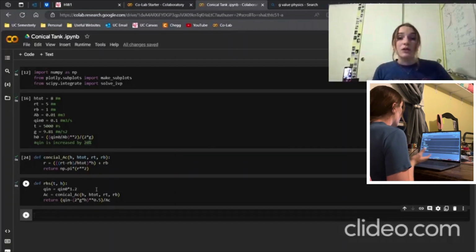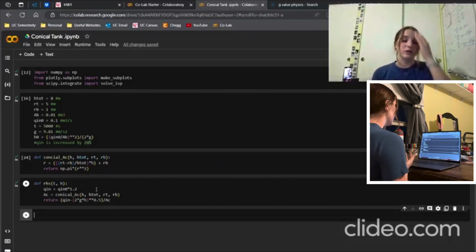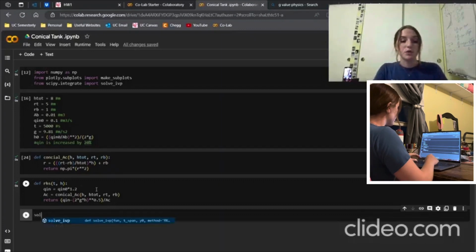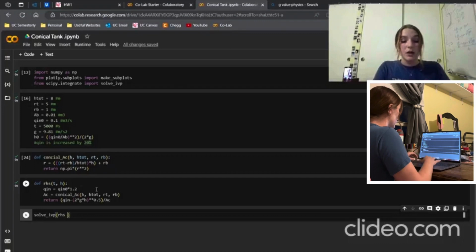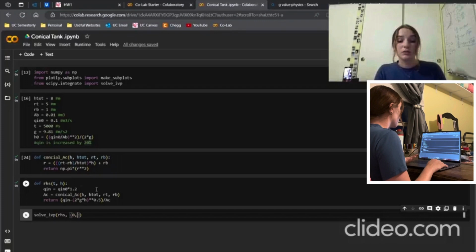So now we can use solve IVP to actually solve this equation. So we need solve underscore IVP, and we are solving the right hand side of our equation from 0 into our time end, which is 5,000 seconds that was given to us in our problem statement.